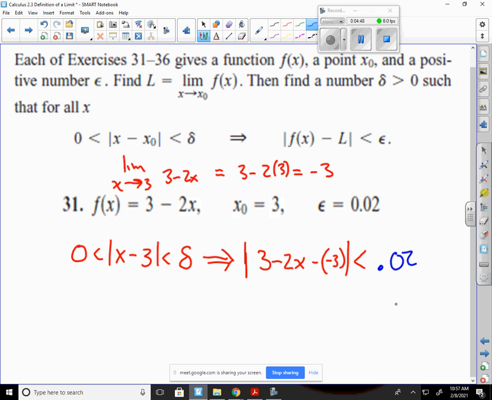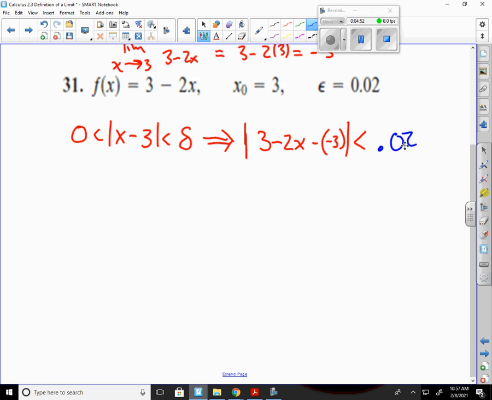Now I'm going to solve this right side here. In order to do that, I get rid of my absolute values first and make it negative 0.02 and then 0.02. Now before I move on, 3 minus negative 3 gives me positive 6.